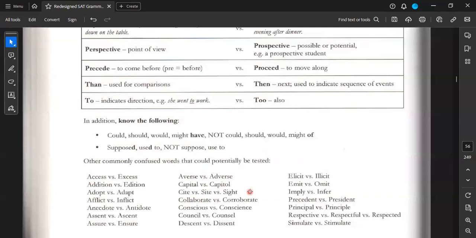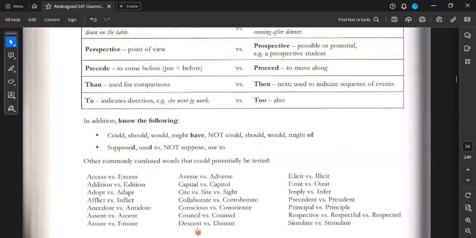You have cite versus site versus sight, which you just looked at, collaborate and corroborate. You have conscious and conscience, right? So to be conscious of something, you're aware. Maybe you had an accident and you're not conscious, you're not aware of anything, but then you also use your conscience to think of something.